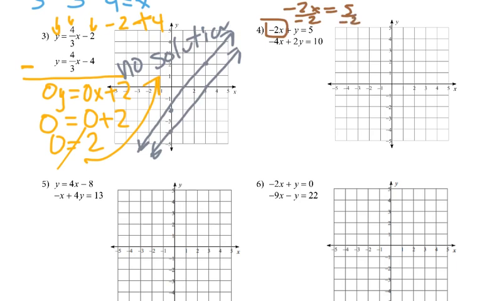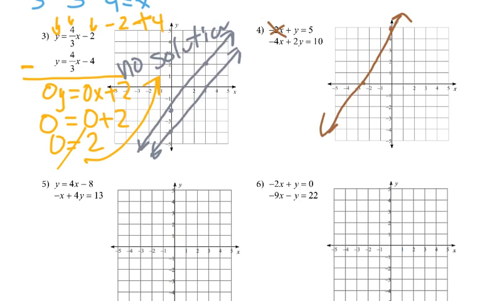I'd have negative 2.5 for my x-intercept. So right there. Okay, then if I just thought about, well, what if the y got rid of the x, so the y-intercept would be 5, because y equals 5. Okay, and there would be my first line.